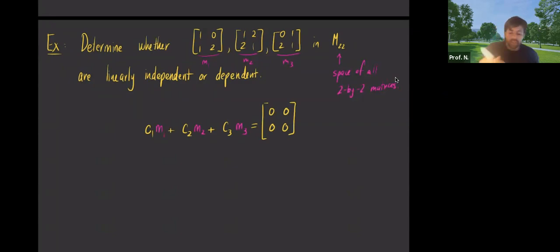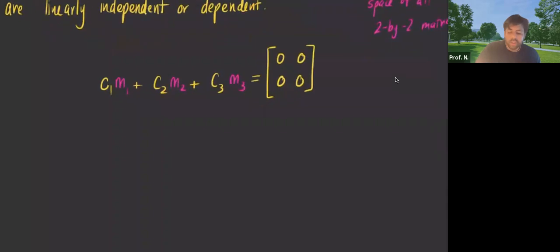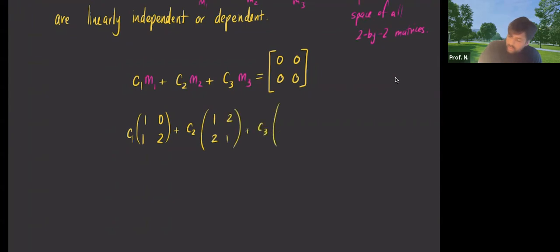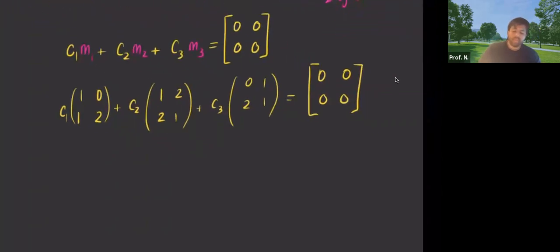It's the same idea with vectors. Now I'm just applying that equation to matrices. So this would be C1 times the first matrix, 1, 1, 0, 1, 2, plus C2 times 1, 2, 2, 1, plus C3 times 0, 2, 1, 1, and this equals the zero matrix.